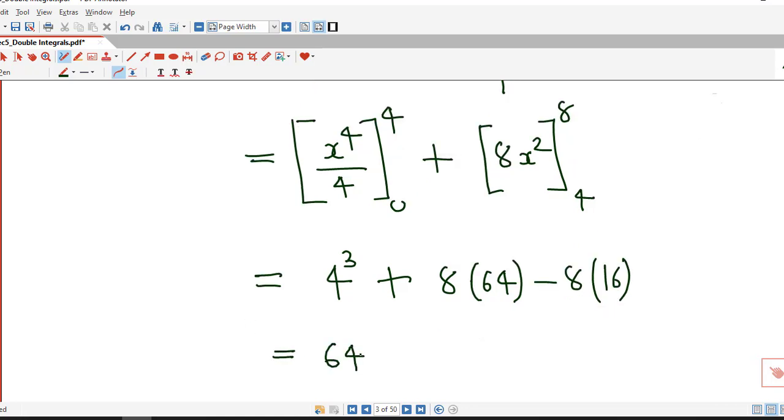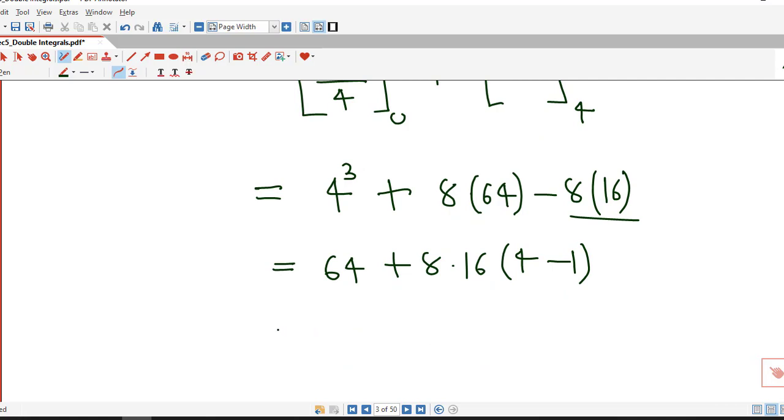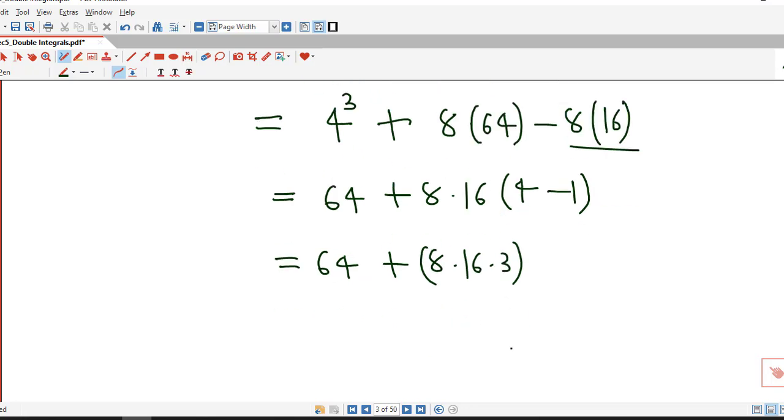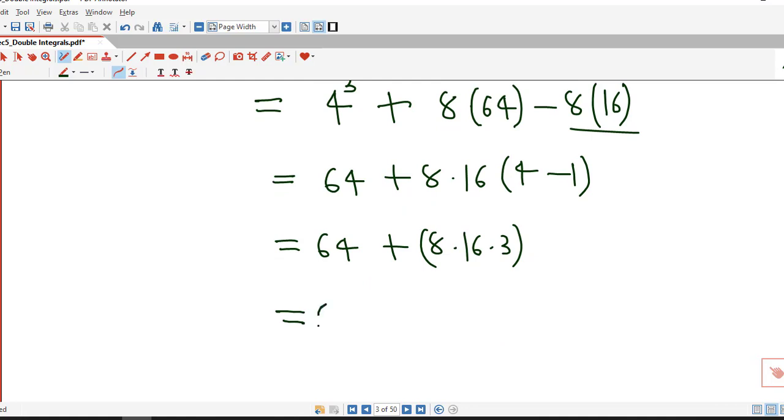So this is going to be 64, and here we can take 8 into 16 common, so we will be left with 4, and here we have minus 1. So 64 plus 8 into 16 into 3. Again we can take 64 common.